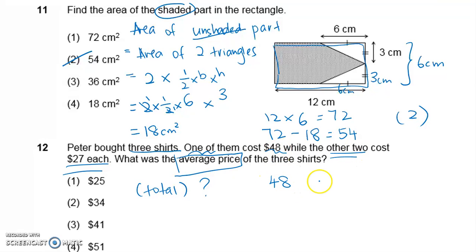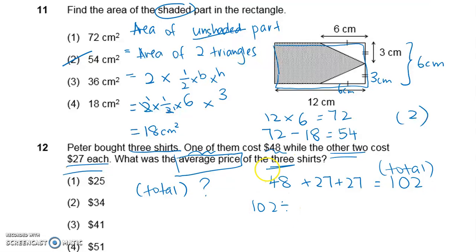The other 2 are 27 each. So 27 each, there are 2 of them, right? If I add this all up very quickly, I should get 102. Now my total is 102. To find the average, I need to take 102 divided by the 3 shirts, 3 of them, right? If you work this out, you should get 34. Giving my answer as number 2.